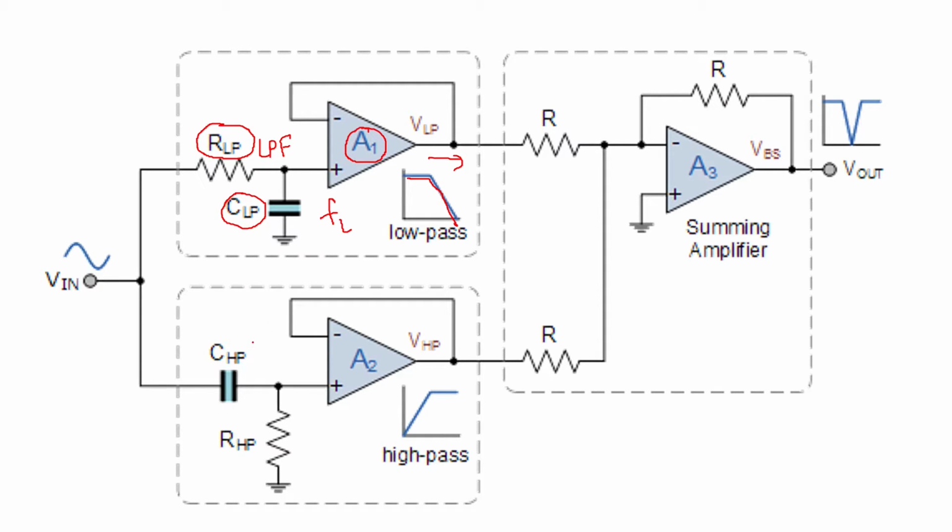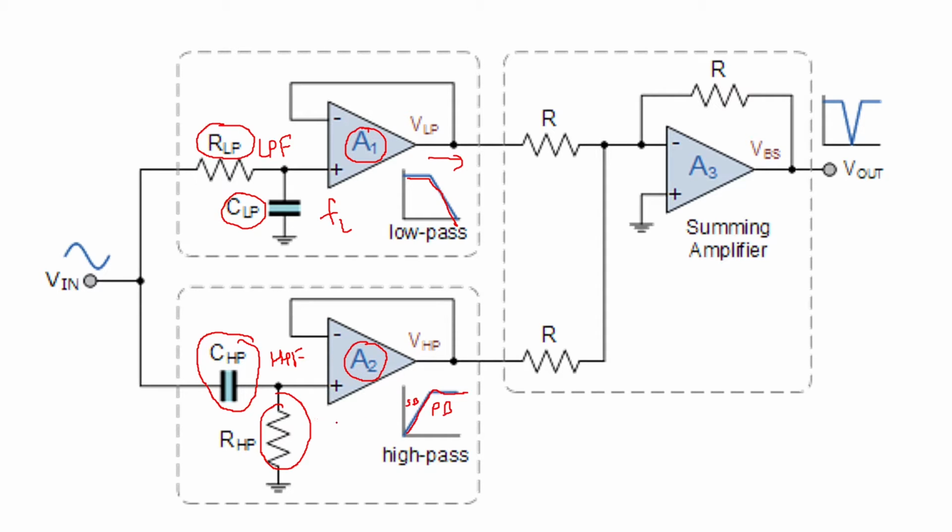Then here you can have a high pass filtering action, with C in series with the input and R in parallel with the input. This is going to amplify the high pass filtering output, and the output of the high pass filter will be like this. You will have a stop band and a pass band above a certain frequency.